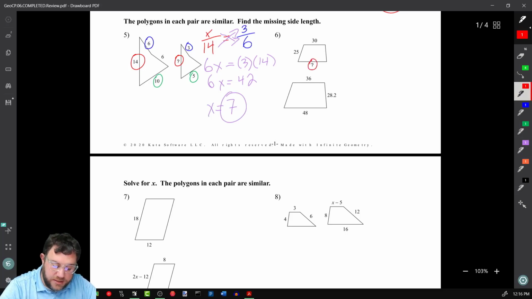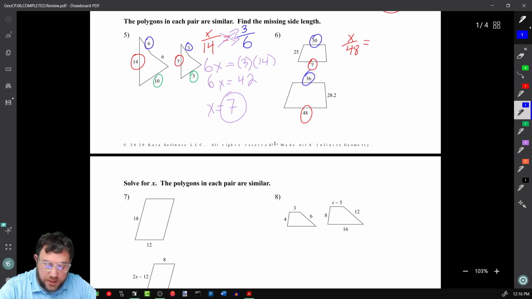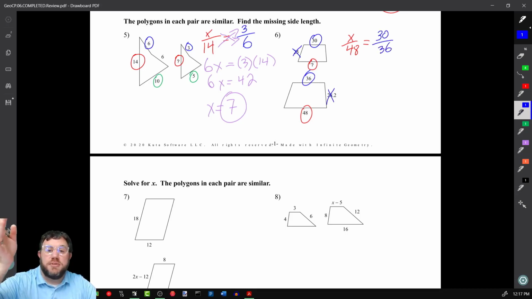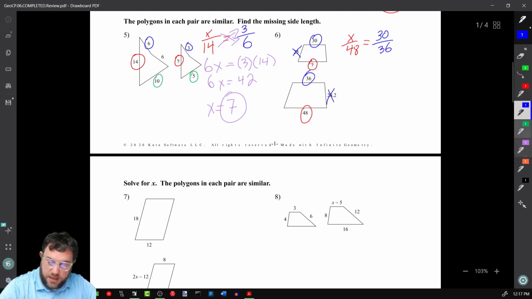For number 6, here we've got our x and 48. And then the only option we have for the other fraction is 30 over 36, because we can't use the 25, we can't use the 28. So we'll do 30 over 36. Again, 30 goes on top because the x was on top.